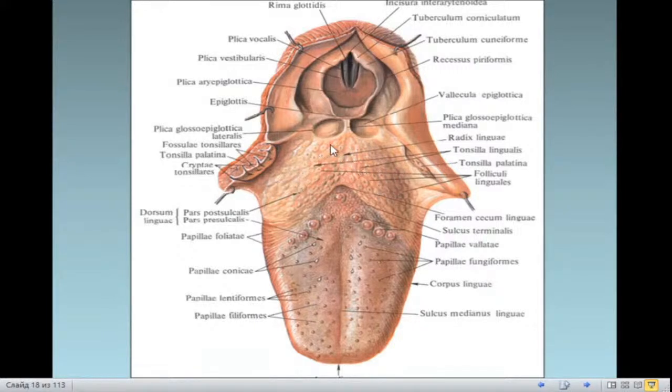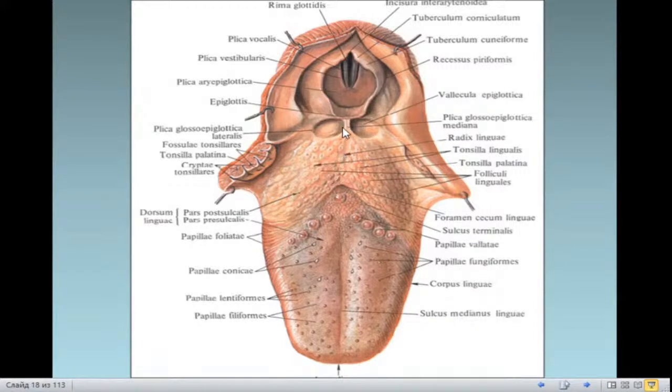This is called the lingual tonsil. The tonsils may have different appearance. If it is a flat tissue that is not extending from the surface of the tongue, anyway, that is a tonsil. This one is the unpaired lingual tonsil.